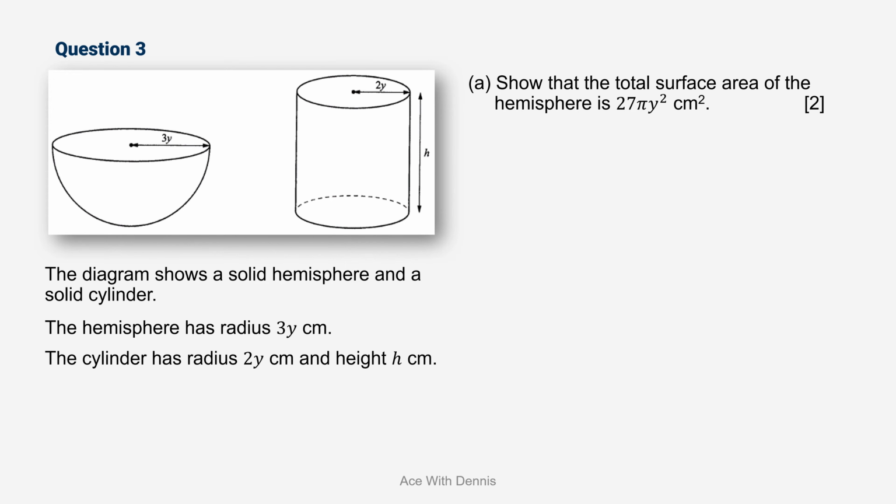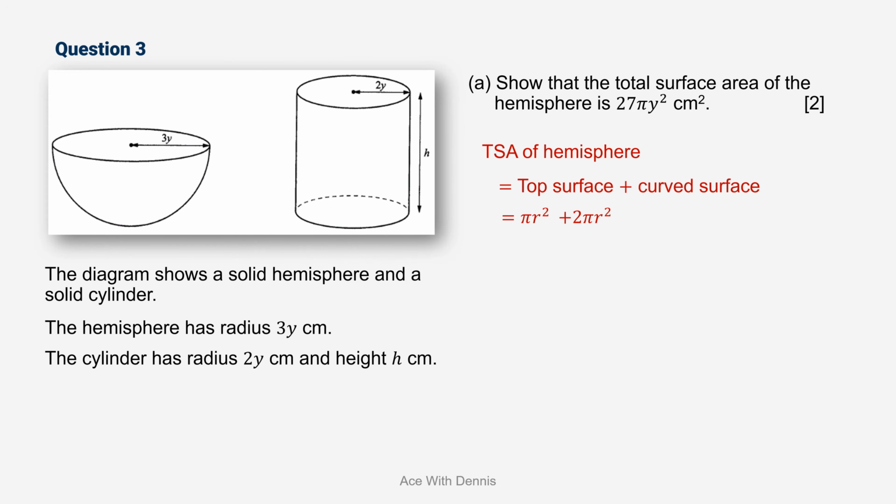2 marks. So the total surface area of a hemisphere will be equal to the top surface plus the curved surface. The top surface is a circle, hence the surface area will be pi r square, and the curved surface will be 2 pi r square. It is half of a sphere.